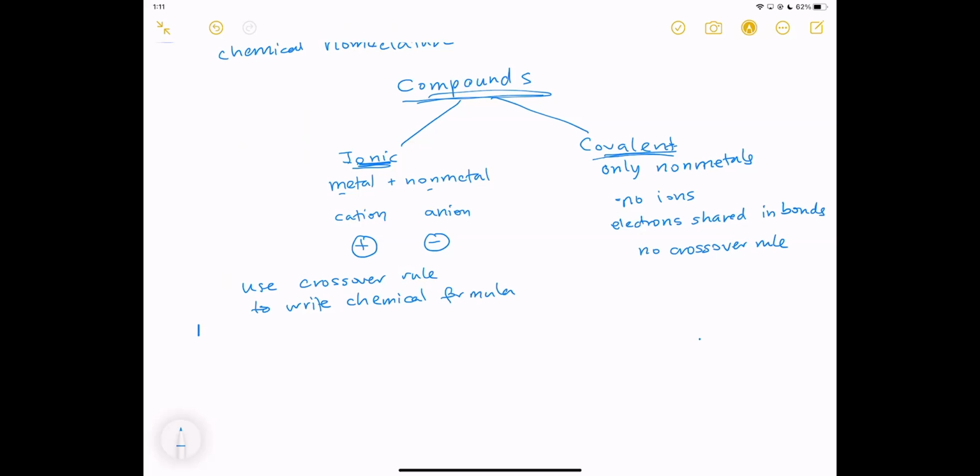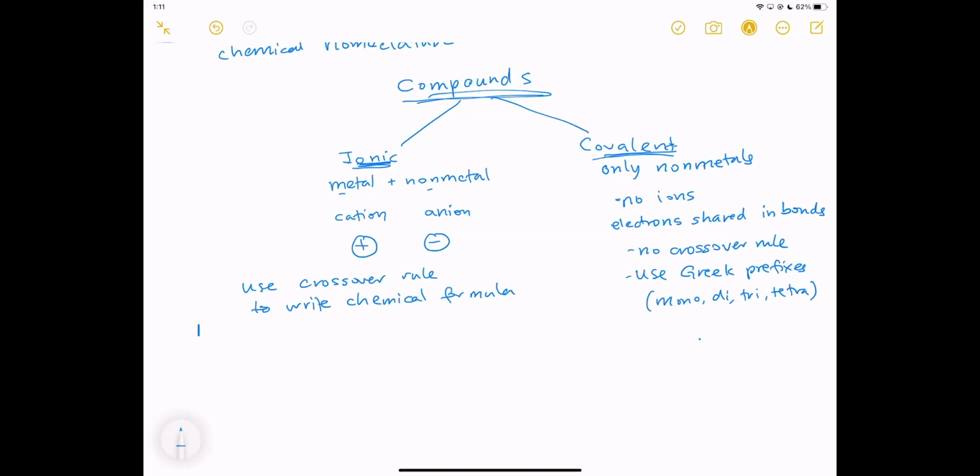So the covalent compounds use Greek prefixes. So remember those Greek prefixes, mono, di, tri, tetra, and so on. Those Greek prefixes tell you how many atoms there are. And so you don't have any crossover rule, but you do have the Greek prefixes.